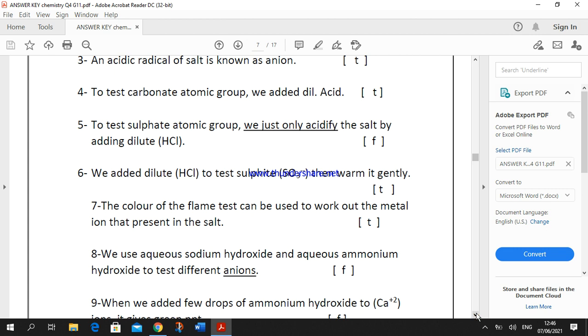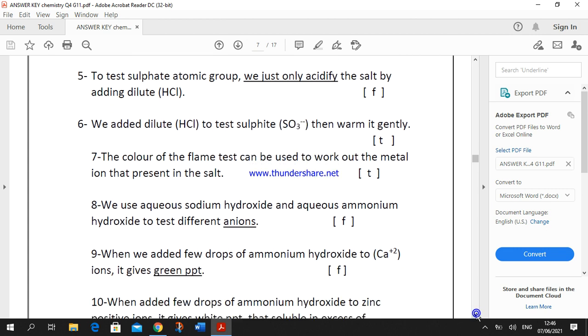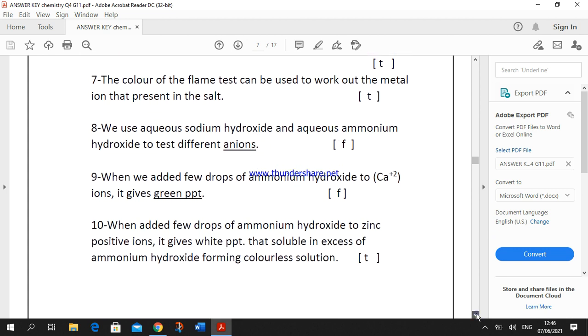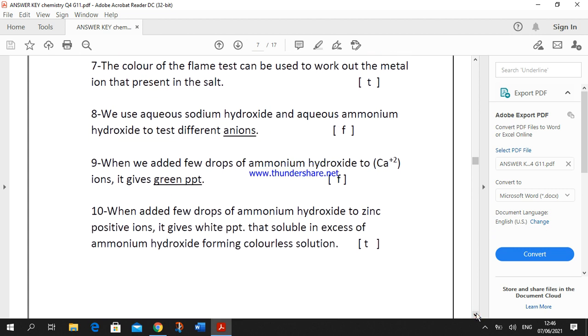Number 6, we add dilute hydrochloric acid to test the sulfite group, then warm it gently. True. The color of the flame test can be used to work out the metal ion present in the salt. True. We use aqueous sodium hydroxide and aqueous ammonium hydroxide to test different anions. False, to test different cations.